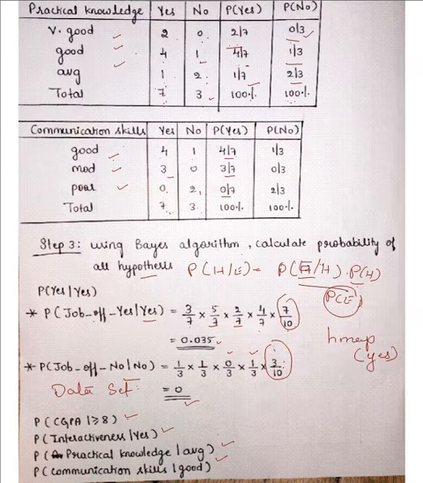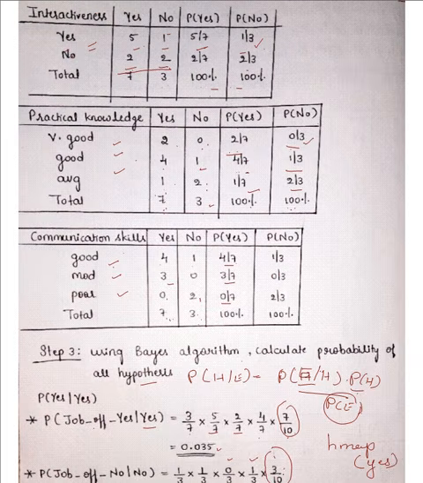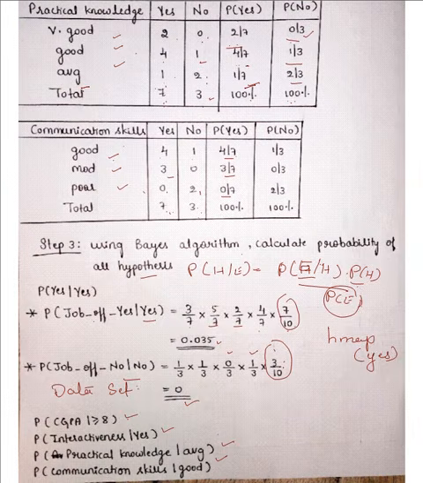Practical knowledge on average. So here you see the average. Take only the positive instances, that is probability of occurrence of yes, that is 1 by 7. On average we have probability value as 1 by 7. And next is communication skills should be good.